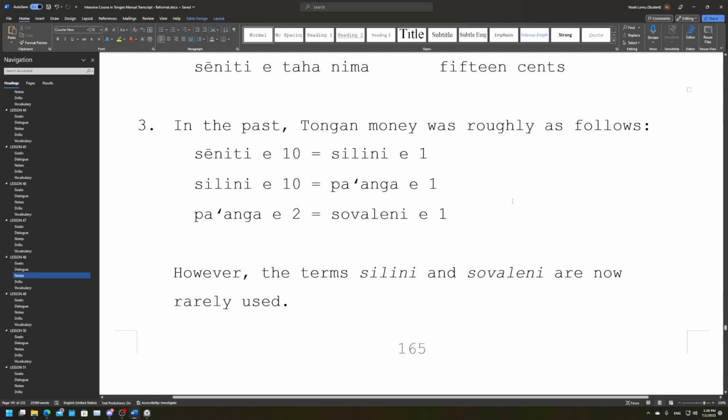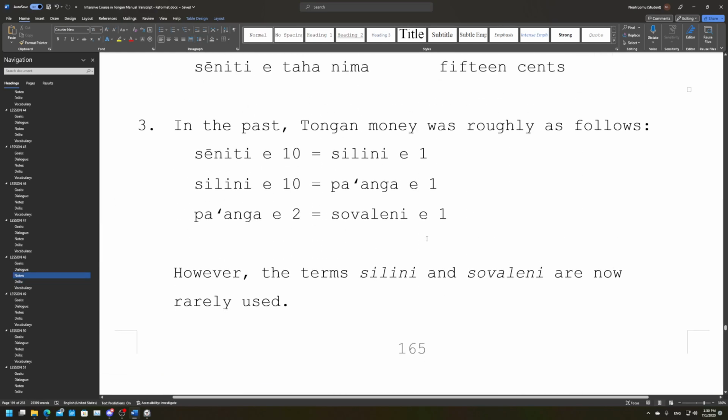And this is because the currency of Tonga has changed 3 times since this book was written. All the coins and bills have been thrown away 3 times and replaced with new things since this book was written. And people just do not use these at all in day-to-day speech.